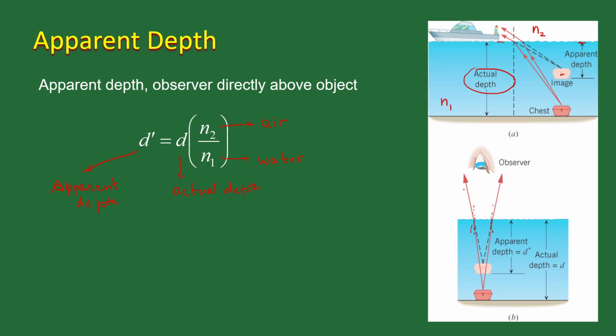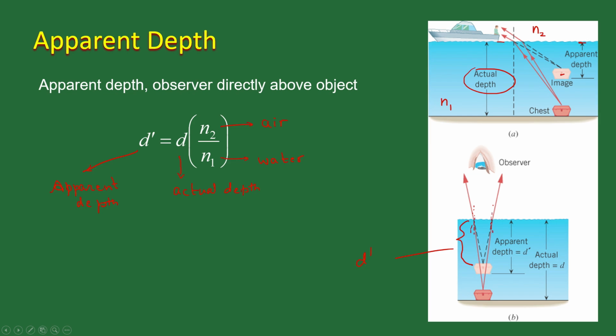Now on this side, the rays won't meet. That means we need to produce the rays backward to form the virtual image. So the image formed by producing the rays backward is what we call virtual image. So this is the virtual image of this object, and this depth is the apparent depth, d prime.